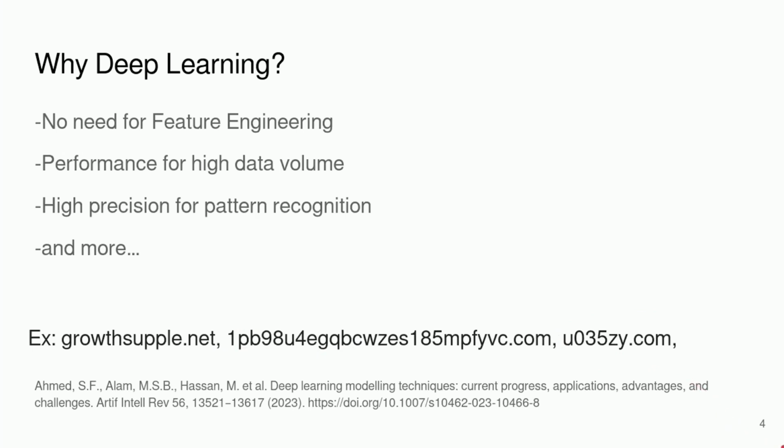In traditional classification methods, we would have to use feature engineering to manually discover what makes each one of these domains unique and different from the legitimate domains, which is both time-consuming and inefficient. Deep learning is a much more suitable solution to this problem, since it does not require feature engineering and can precisely detect the specific patterns that make DGA domains unique automatically.